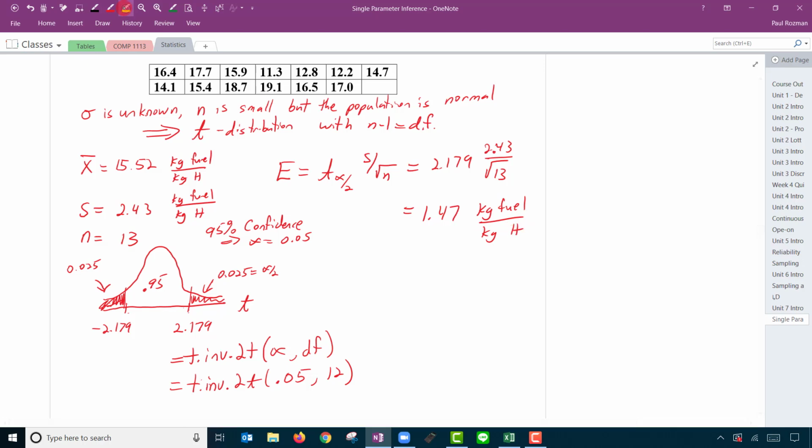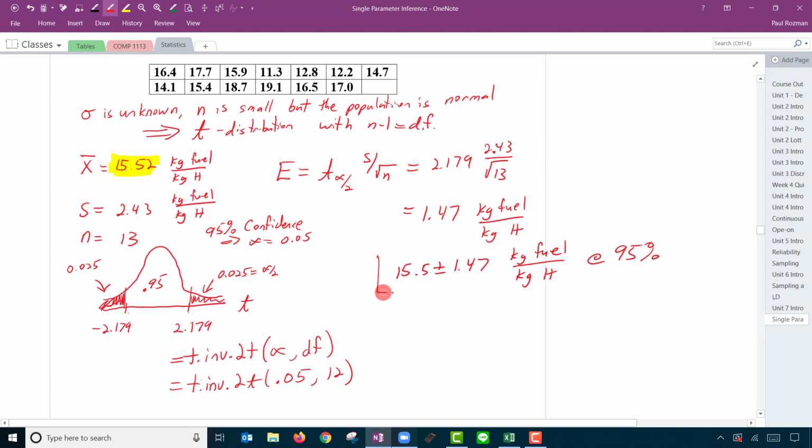So we take our mean of 15.52 plus or minus 1.47. And we're doing so at 95% confidence.